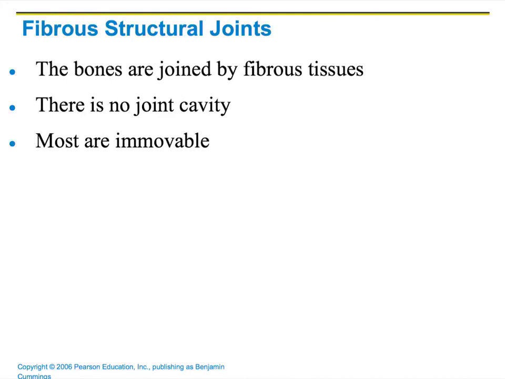All right, first up are fibrous joints. Again, we can think of these as immovable joints. There is no movement at a fibrous joint, and one example I would like you to know is the suture, which you find in the skull.